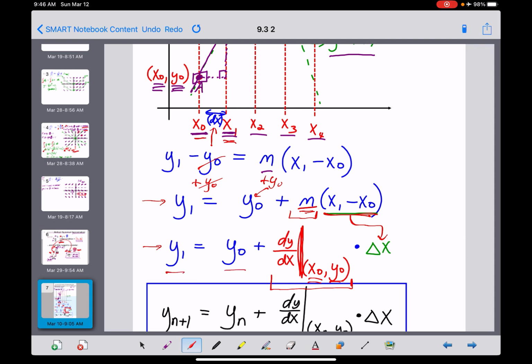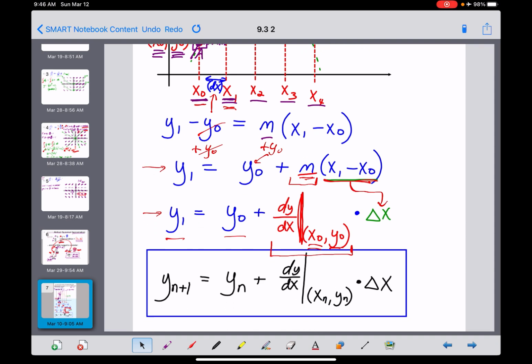But the thought process would be exactly the same, don't change this in your notes, to find y2 from y1. Or, for example, y8 from y7. So we just avoid the tediousness of writing all that by using n here to represent any integer. So this formula right here, guys, is the big takeaway.